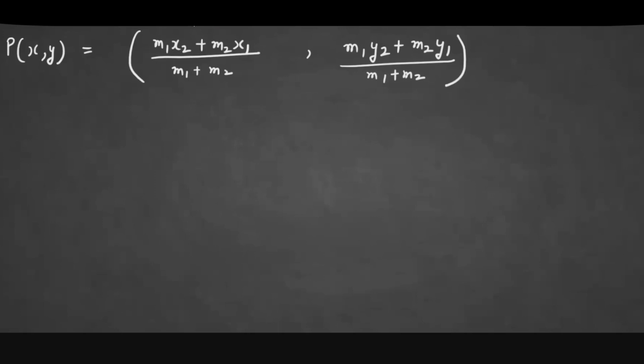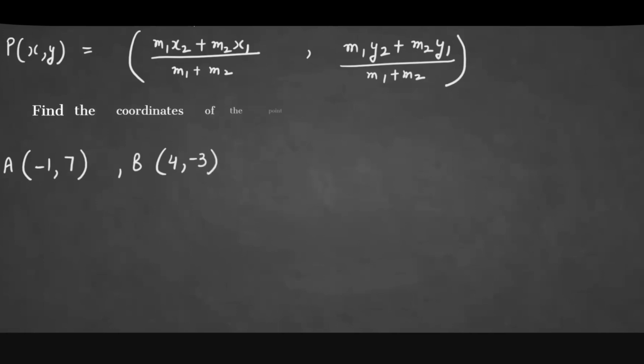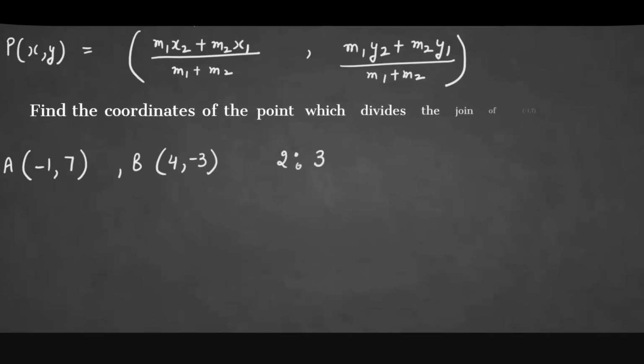In this question, A is (minus 1, 7), B is (4, minus 3), and P is dividing the line segment AB in the ratio 2:3. Now we will substitute the values in the section formula.